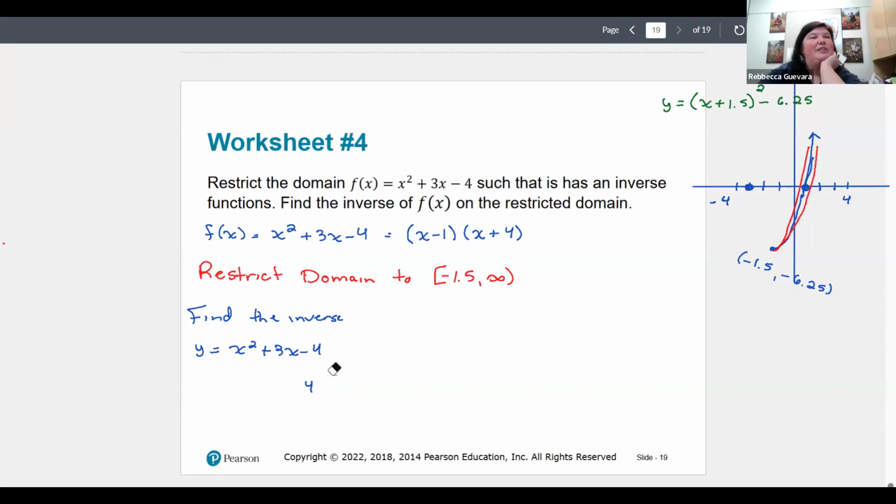So we're going to bring back something just as a memory here. Remember that what we have is a parabola that is shifted down by 6.25 and shifted to the left by 1.5. If I shifted the x to the left, that means I have to add 1.5 directly to the x to get that shift. So that's for my x squared. Then to shift down, I get that negative 6.25.